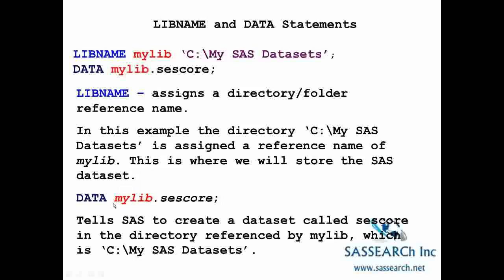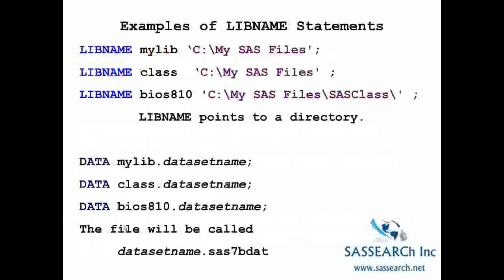And then we have this statement, data mylib.ses score. That statement tells SAS to create a SAS dataset called SES score, and we want that SAS dataset to be stored in the directory referenced by mylib, which is the c:\my SAS datasets directory.